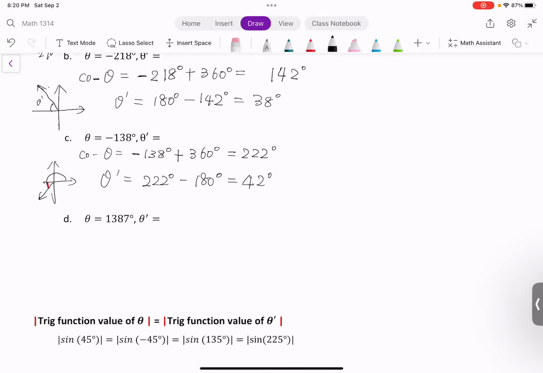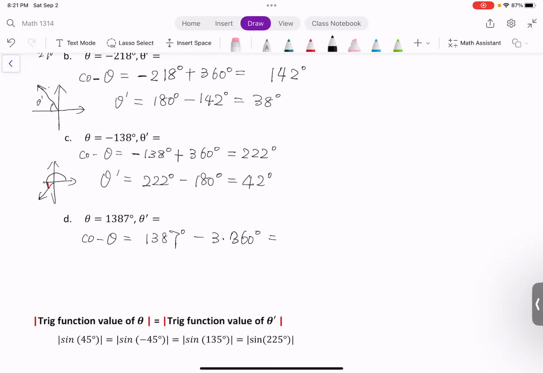All right, let's continue to the next one. That's a huge angle. Theta equals 1387 degrees. Let's find its coterminal angle. We know we can subtract several rotations from 1387. How about 3 rotations? 3 times 360 degrees.